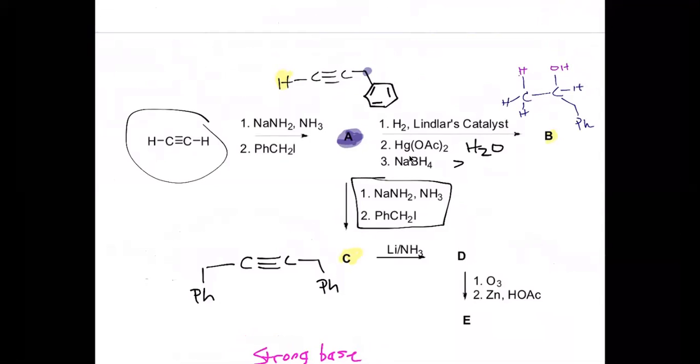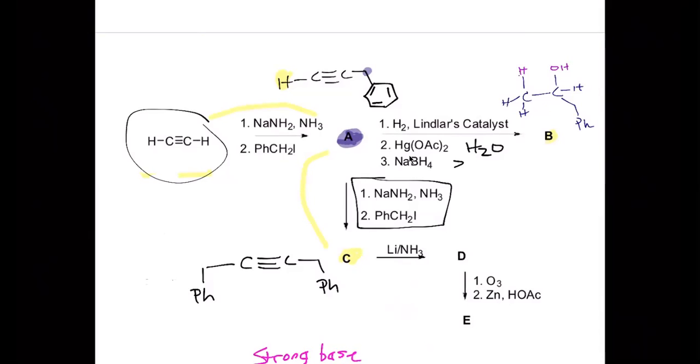Oh, so are you saying the base attacks the other side? Yes. Is that right? Isn't the route from A to C identical to the route from here to A? Yes. It's the same exact reaction. It's just happening on the other side of the alkyne. Yes or no?